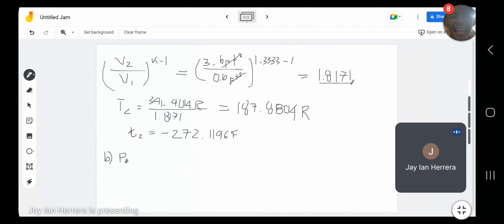So rewrite natin: we have T1 all over T2 equivalent to P1 all over P2 raised to K minus 1 all over K. Given tayo T1 and T2, and P1 is also given.